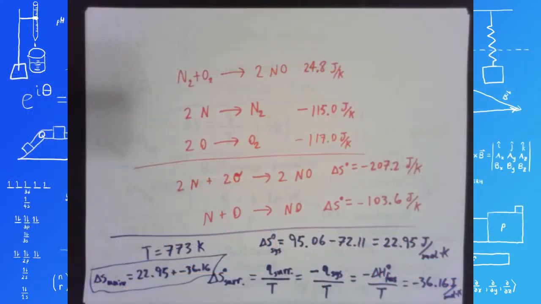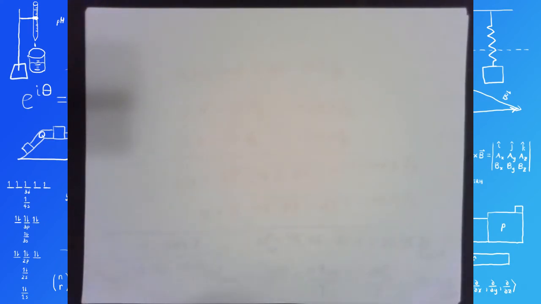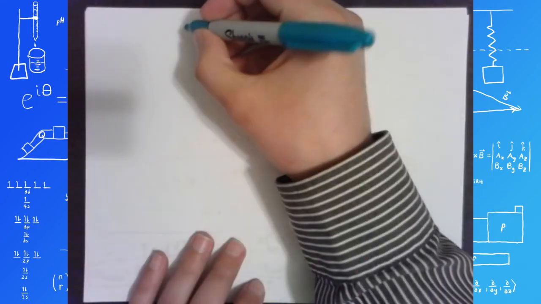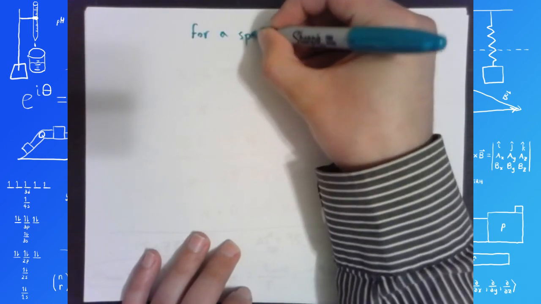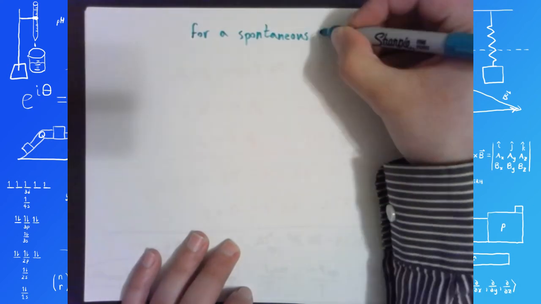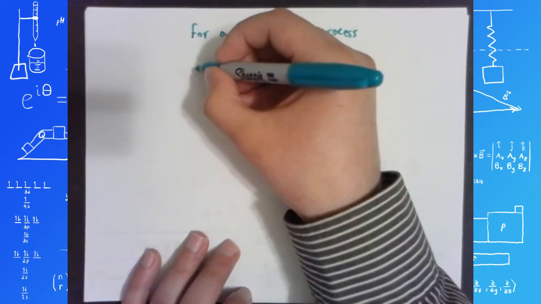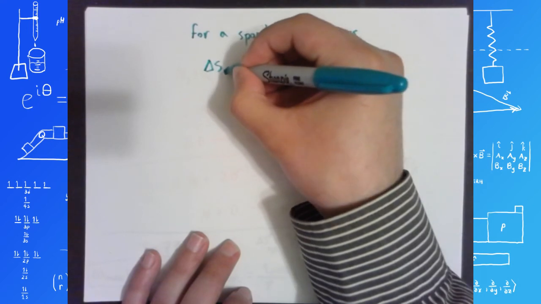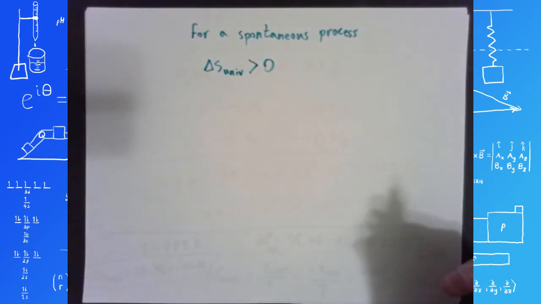Okay, now let's talk about spontaneity a little bit more. So for a spontaneous process, delta S universe is greater than 0, is positive in other words.